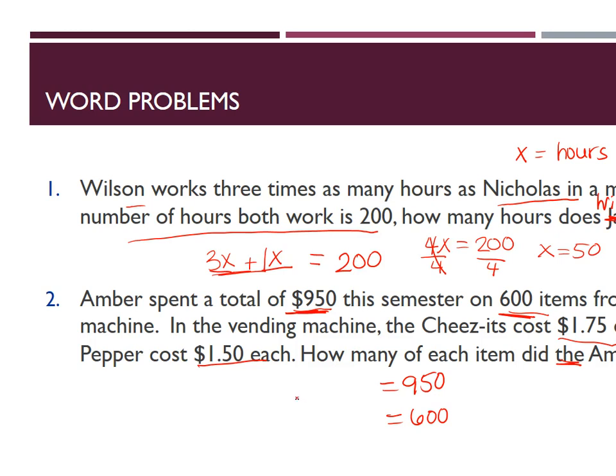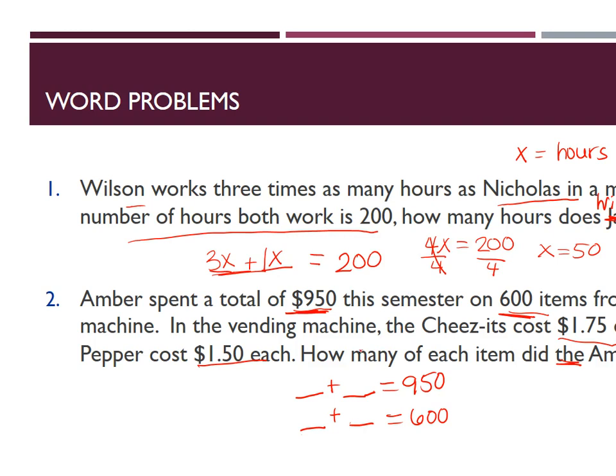So how much I spent on Cheez-Its plus how much I spent on Dr. Peppers, which are the best soda in my opinion. And then the 600 is made up of how many items bought. So how many Cheez-Its plus how many Dr. Pepper. So 600 items.